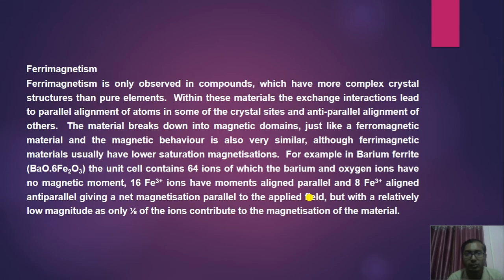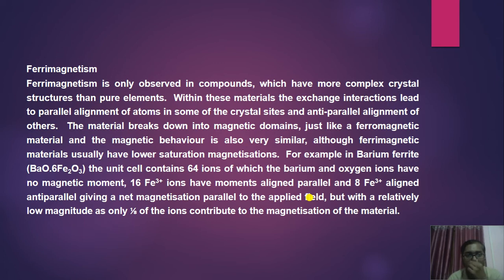Another property that has been discussed here is ferrimagnetism. Ferrimagnetism is only observed in compounds; it is not seen in any element shown in the periodic table.